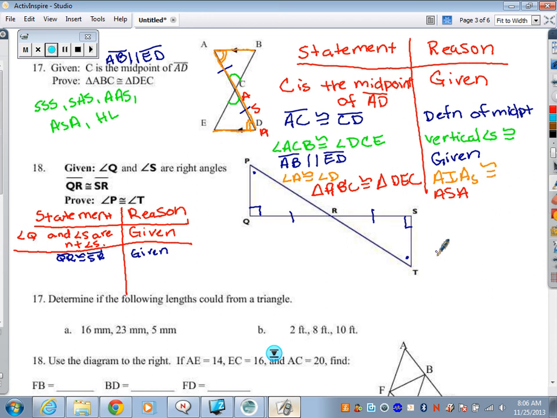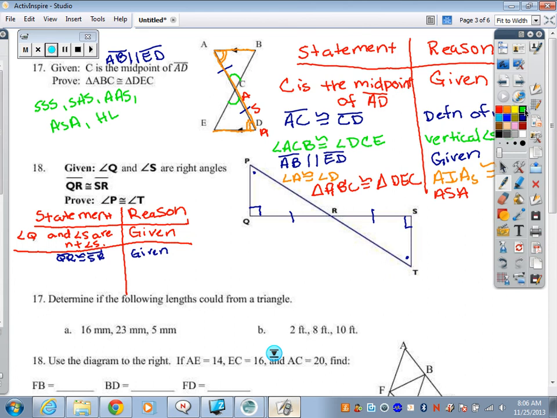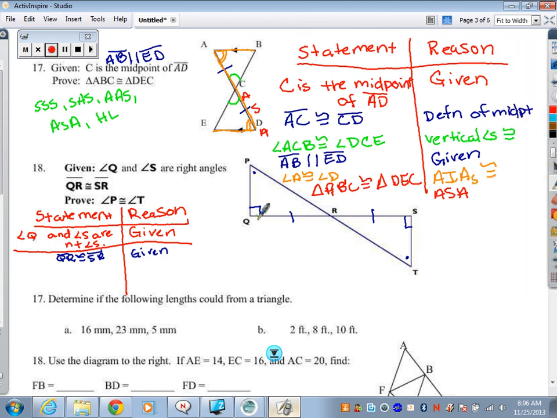Before we can prove that parts of triangles are congruent, we first must prove that the triangles themselves are congruent. So, before we even go there, we need to say that angle Q is congruent to angle S. So angle Q is congruent to angle S. Even though they are right angles and it is rather obvious, you need to state that in your proof.